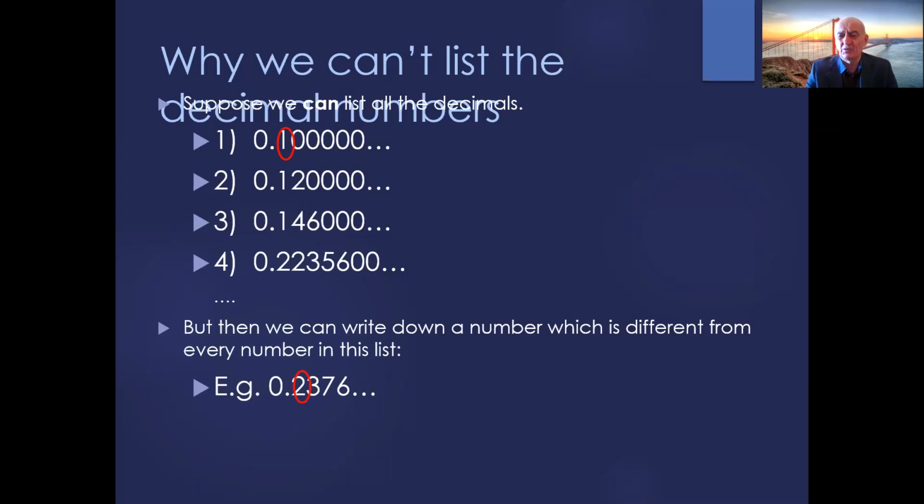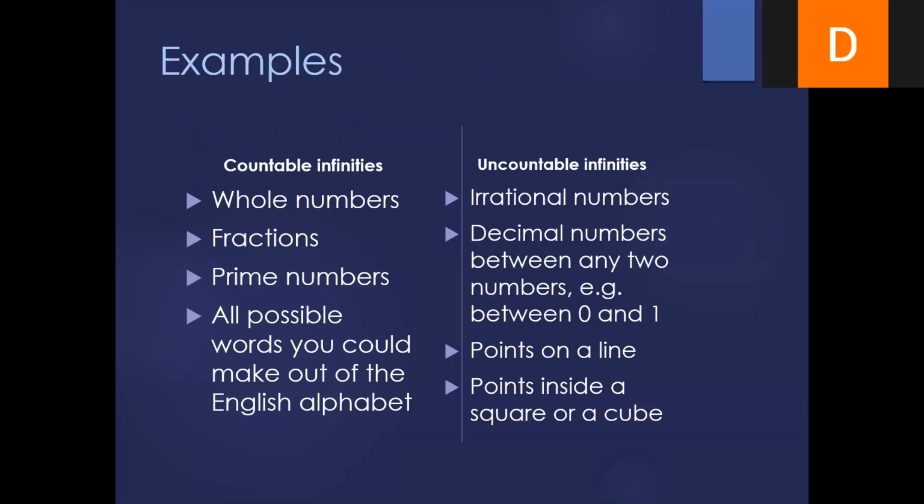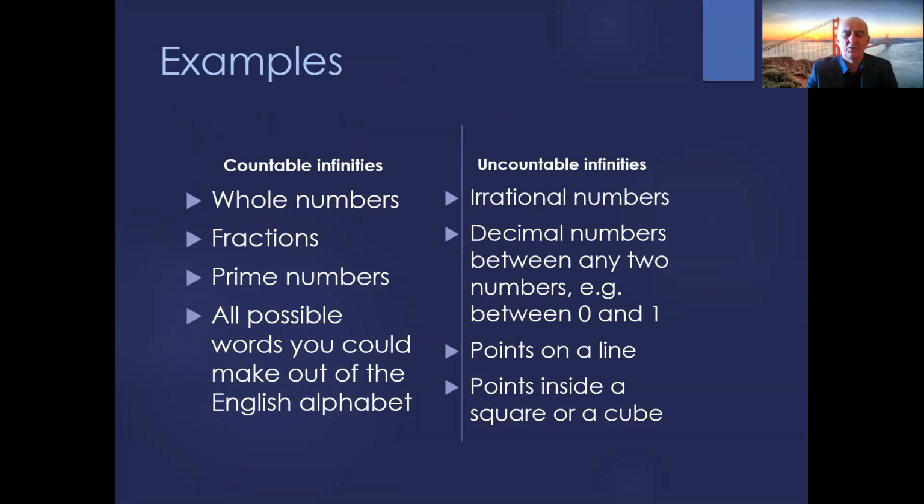We cannot establish a one-to-one correspondence. It's uncountable infinity. Yes, uncountable infinity. And here are examples of countable infinities and uncountable infinities.